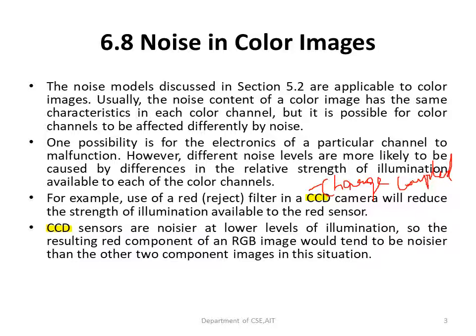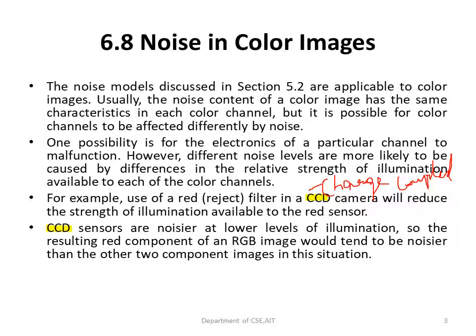This noise level depends upon the strength of the illumination which is available for each of these color channels. So if the color channel strength is more, then we will also have more noise. Say for example, I am making use of a CCD camera, that is the charge coupled device camera, which consists of capacitors and all.